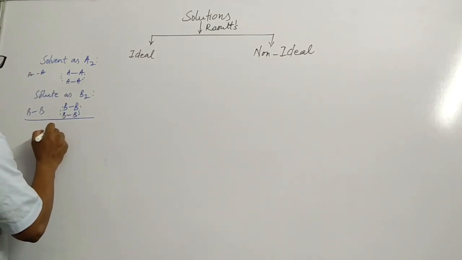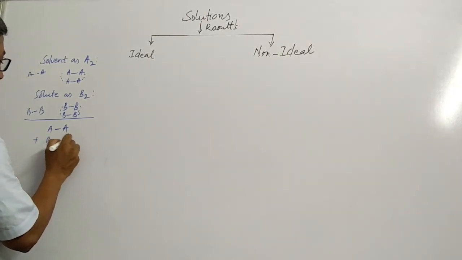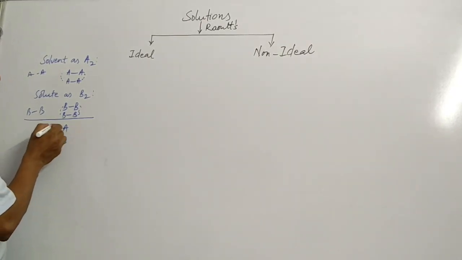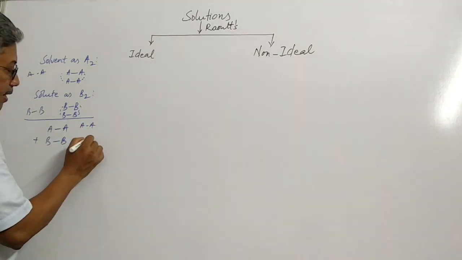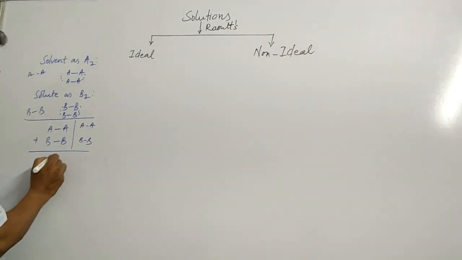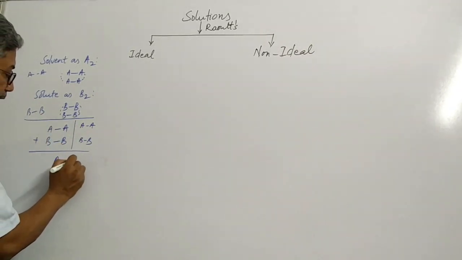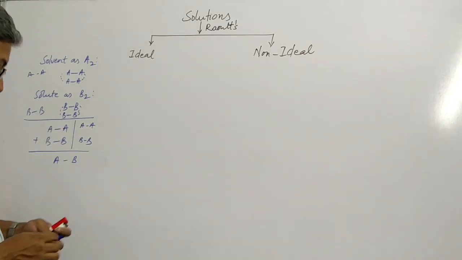Upon mixing, what do we notice? Here A-A is mixed with B-B. Apart from having A-A interaction and B-B interaction, we notice that a new type of interaction is also found, which is called the A-B interaction. This is very much important, students.